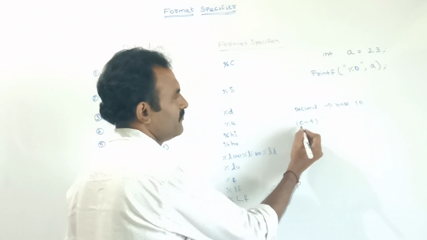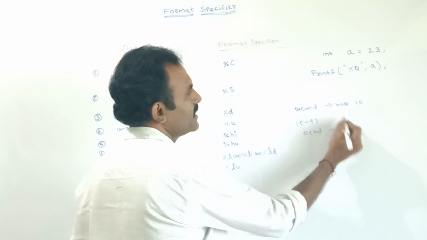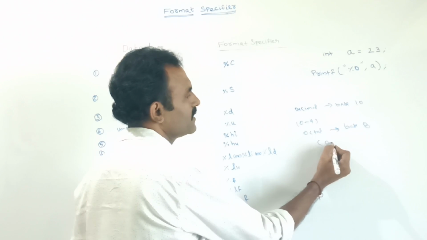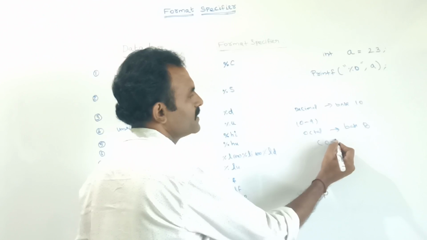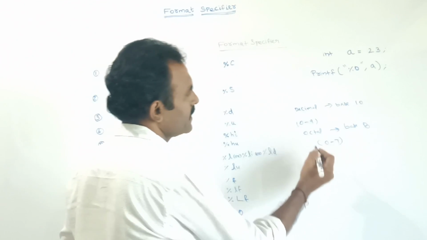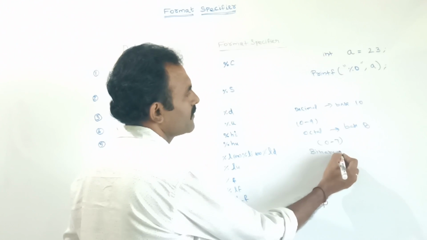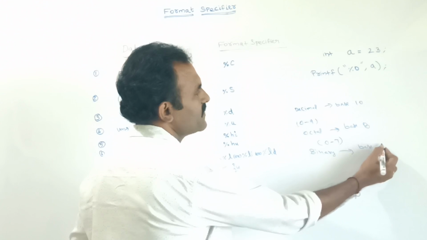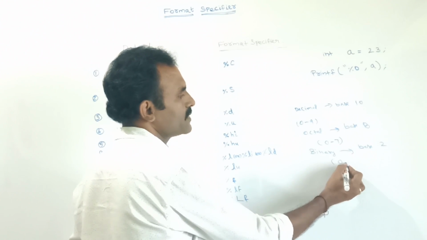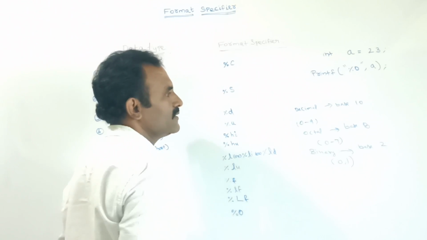In the same way, for octal, the base value is 8, because the digits used are 0 to 7. For binary, the base value is 2, because the digits used are 0 and 1.